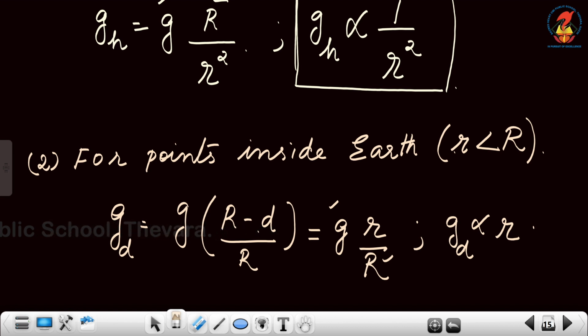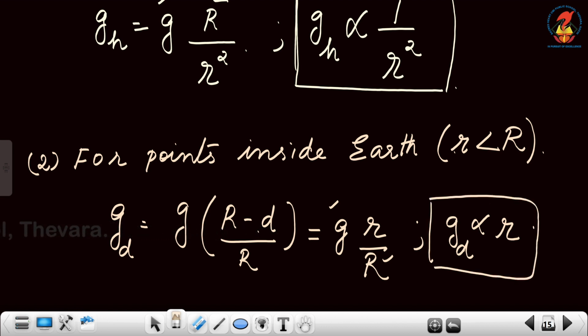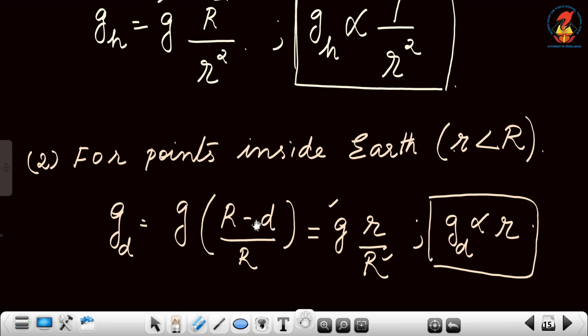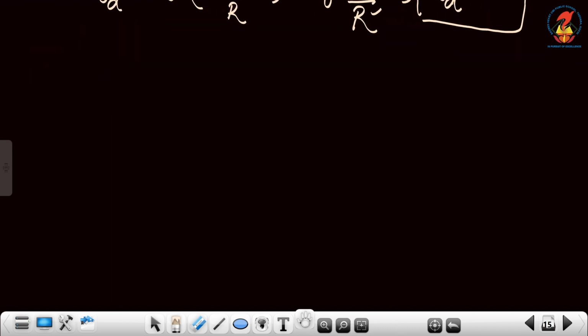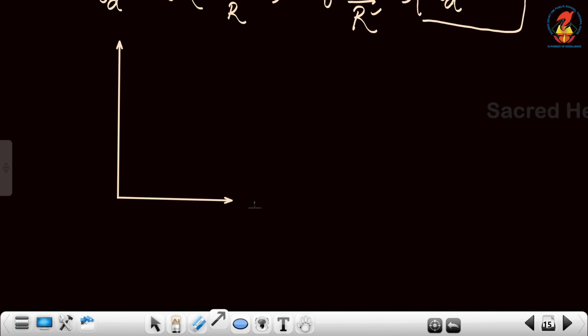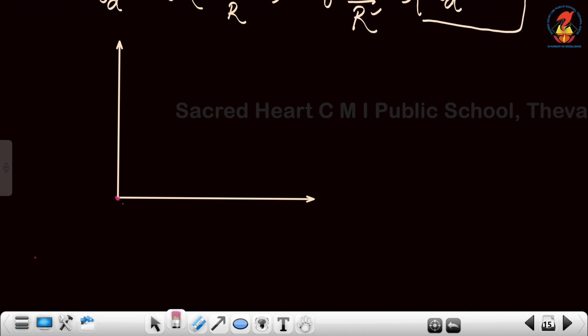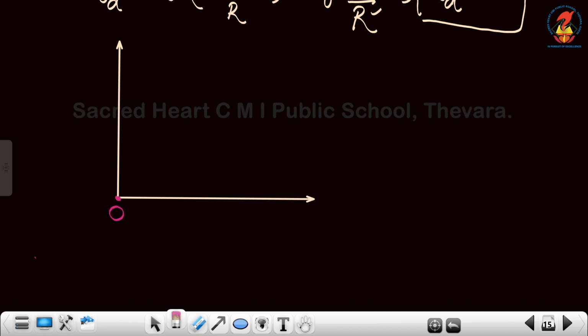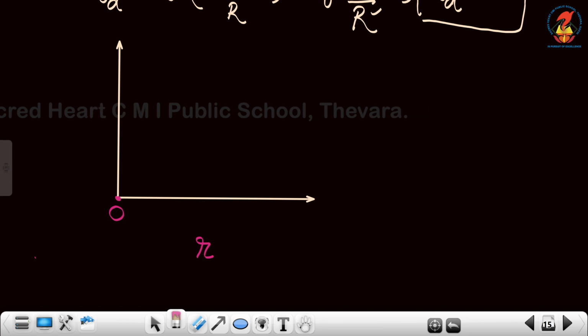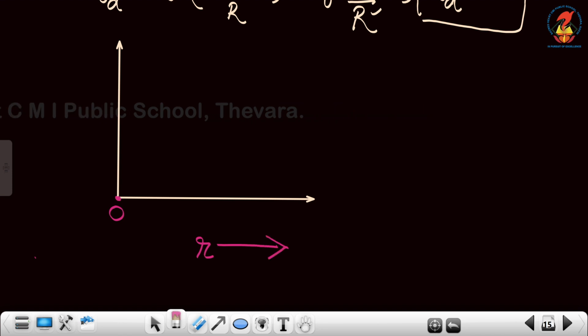So now let us draw a graph showing the variation of acceleration due to gravity with the distance from the center of the earth. Now this point is considered to be the center of the earth, and the x-axis represents the distance from the center of the earth to the surface and to a particular height, and the y-axis represents the value of g.